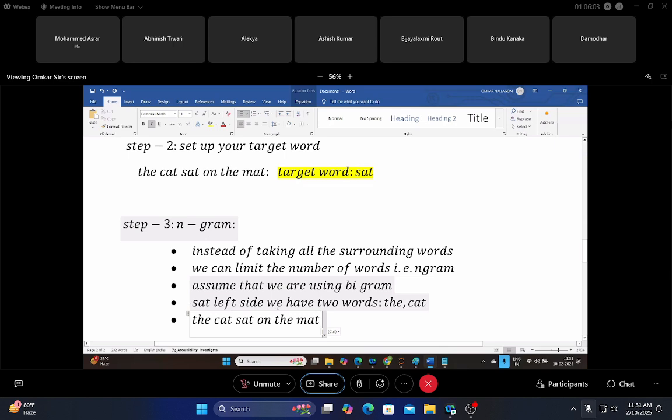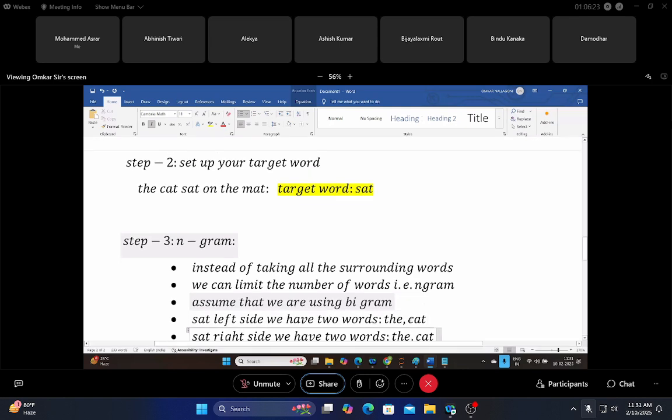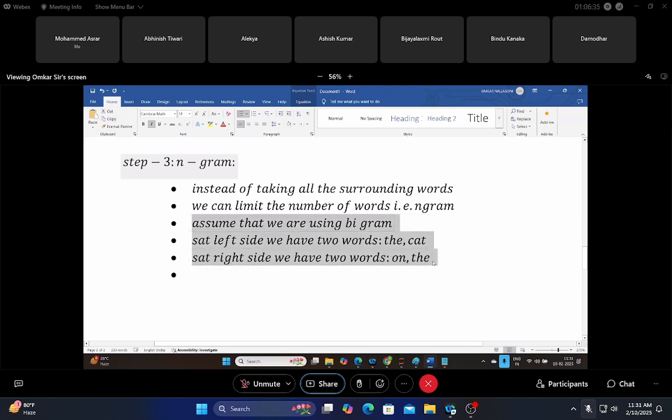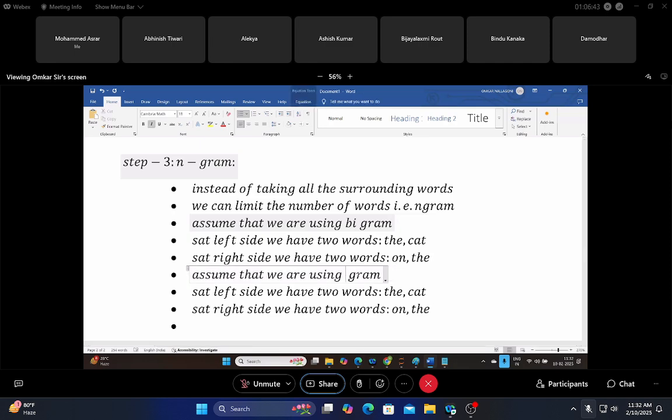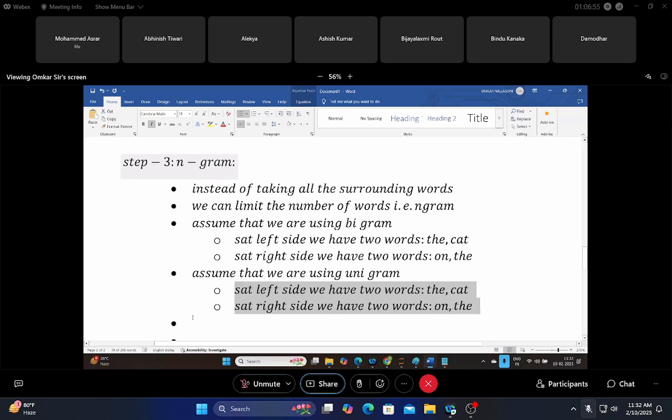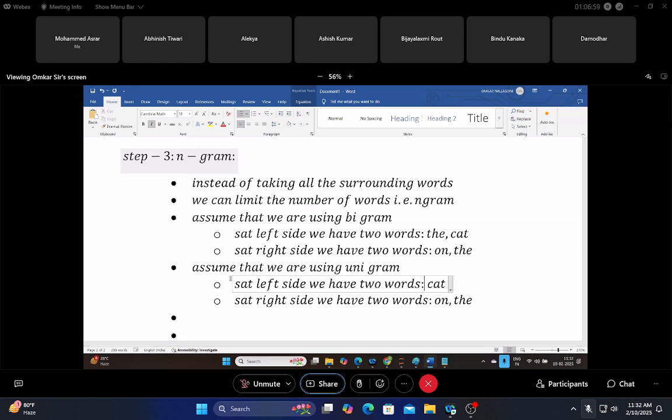And sat right side also we have two words: on, the. If we take the unigram, we are taking only cat, only on.